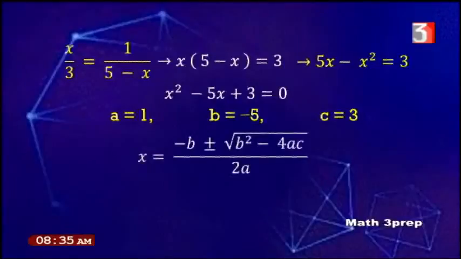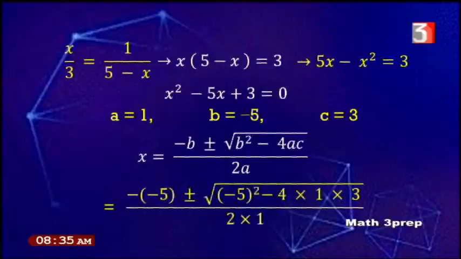Try to find the values of x by using the formula negative b, positive or negative, square root of b squared minus 4ac, over 2a. By substituting, x equals negative, negative 5, positive or negative square root of negative 5 between brackets all to the power of 2, minus 4 times 1 times 3, over 2 times 1.